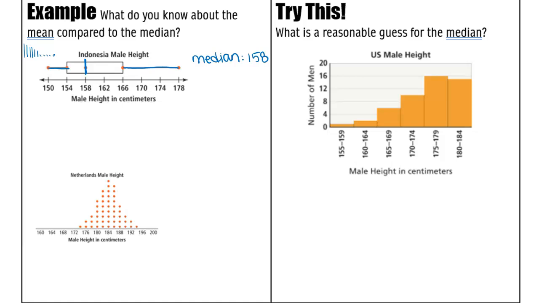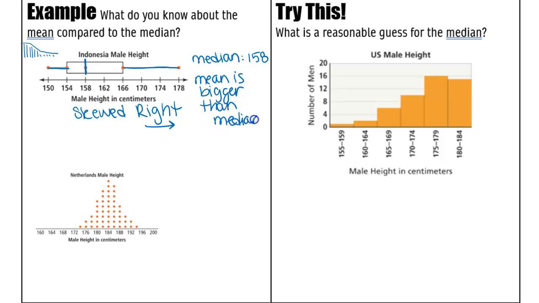So I personally would call this skewed right. Okay, my tail would be located on the right. So when it's skewed right, my mean is going to get pulled to the right. So I would guess that my mean is bigger than the median. I don't know what it would be, but it's going to be bigger than 158.